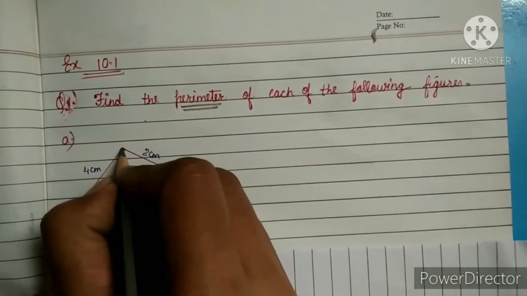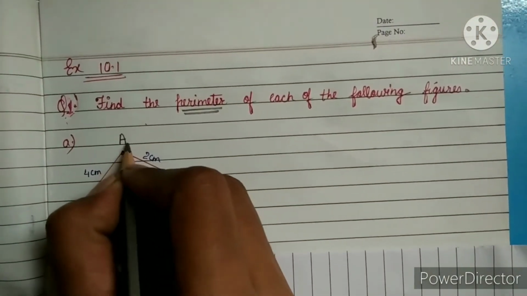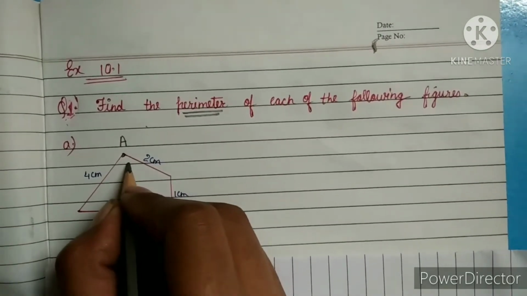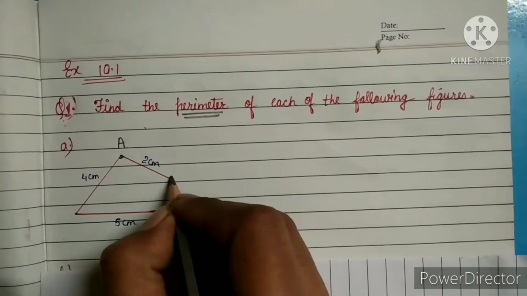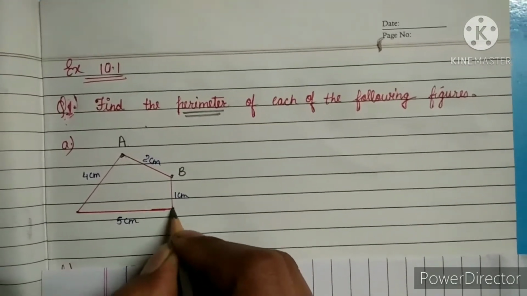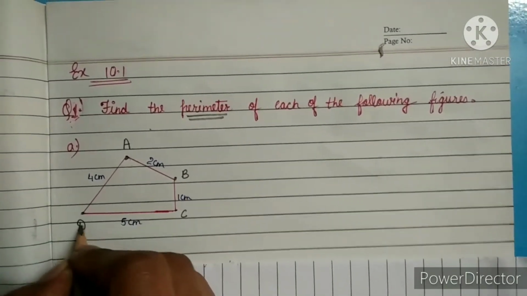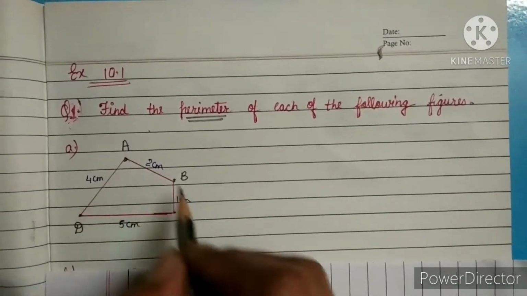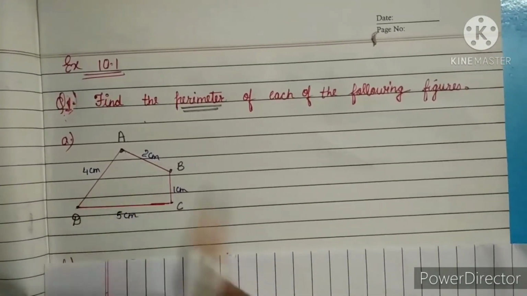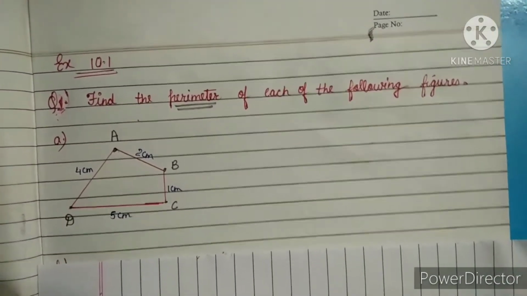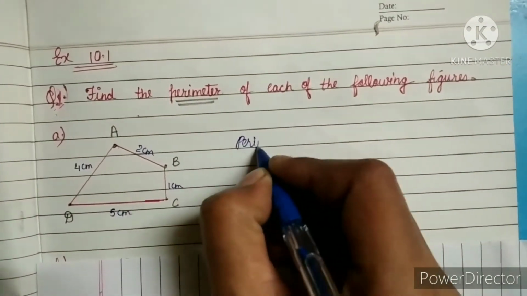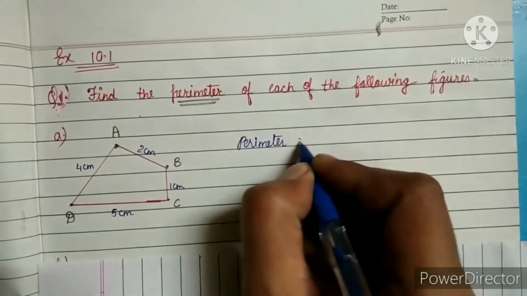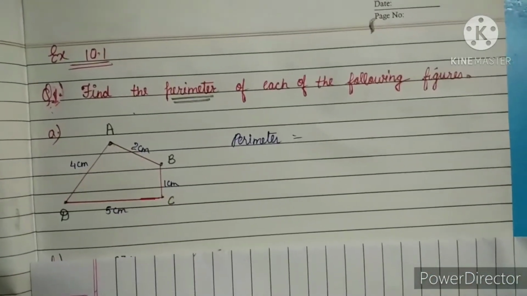Here I am taking this point as A, and from A I am putting names on the corners: A, B, C, D. Now all corner points are named. So the perimeter is equal to the sum of all sides.